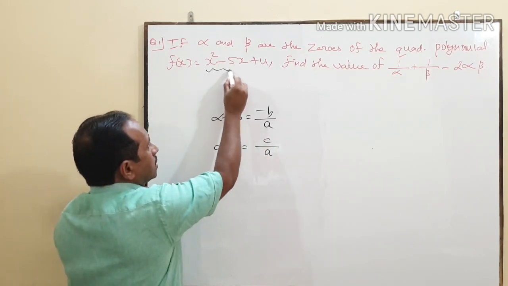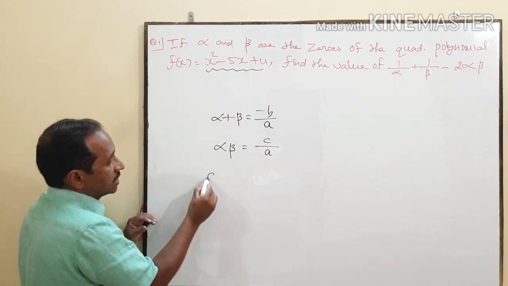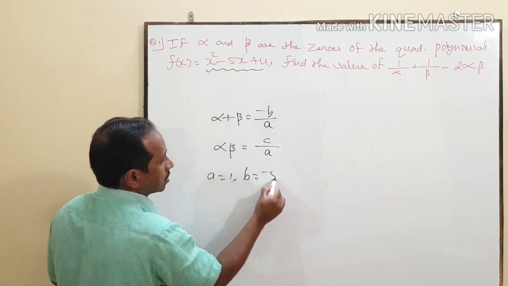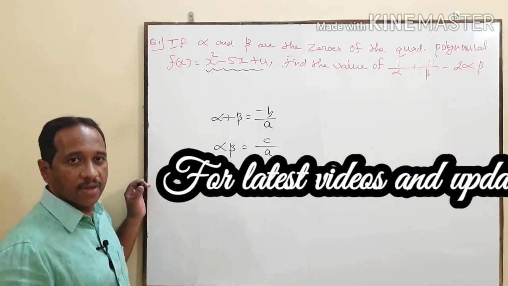Comparing this quadratic polynomial with the standard form, we have a = 1, b = -5, and c = 4.